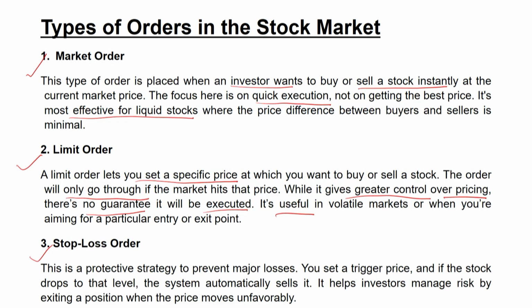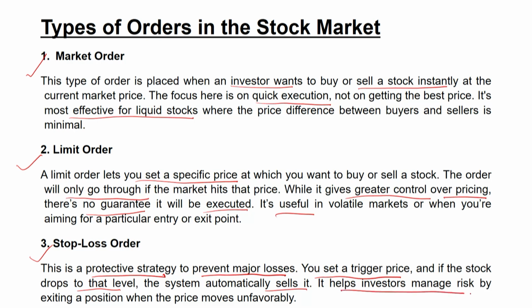Then the next one is the stop loss order. This is a protective strategy. As the name suggests, for preventing major losses, you can make a stop loss order. So here you set a trigger price, and if the stock drops to that level, the system automatically sells your shares at that particular price.